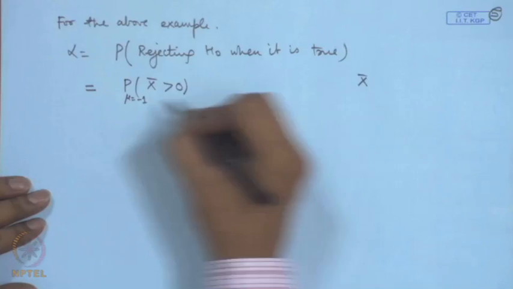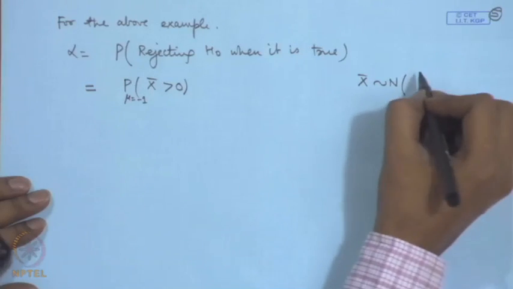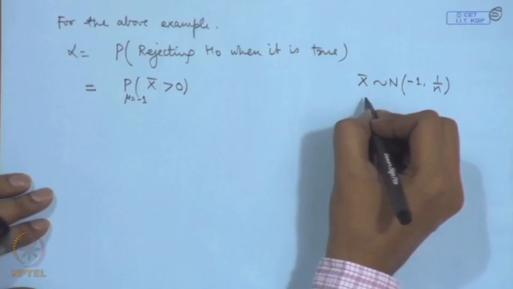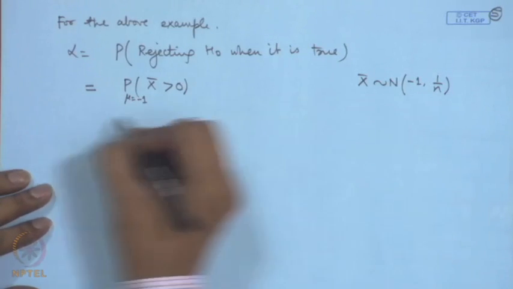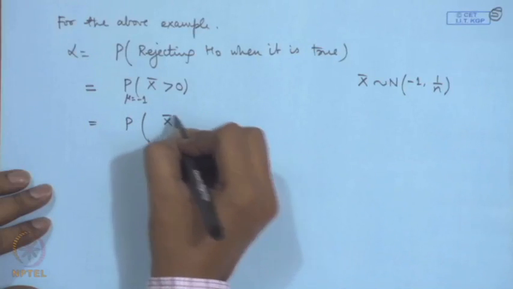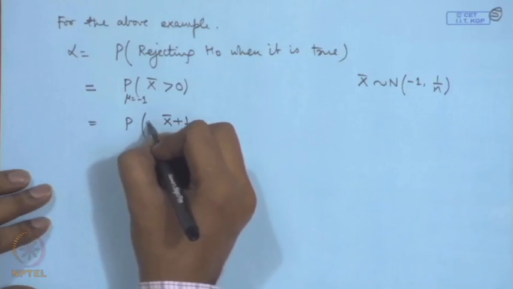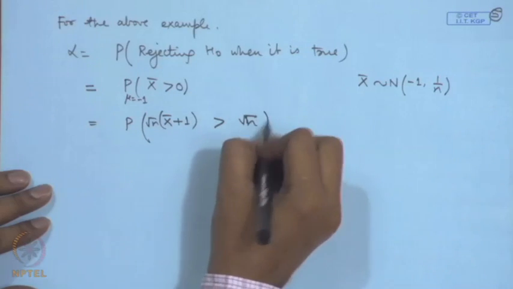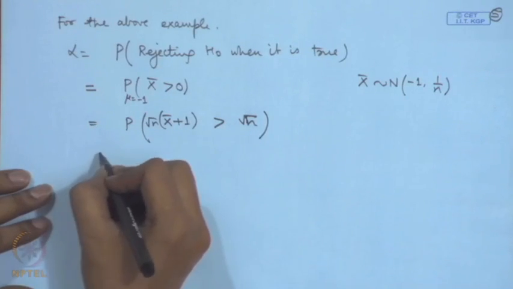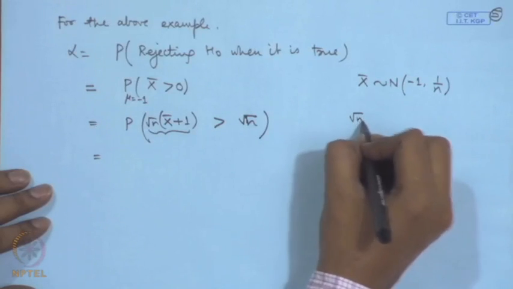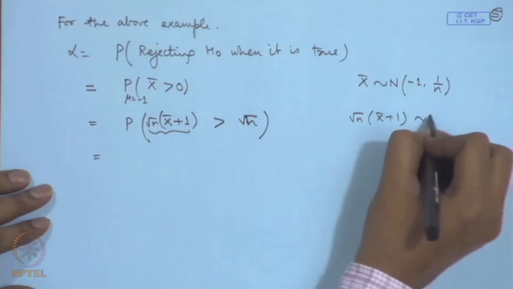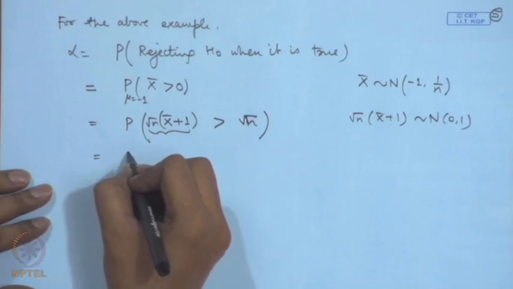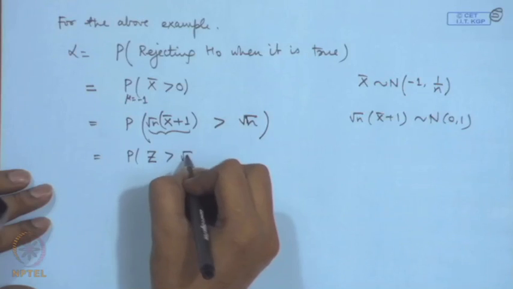Now, when mu is equal to minus 1, x bar follows normal minus 1, 1 by n. So, this value you can write as probability of root n into x bar plus 1 greater than root n. Here root n times x bar plus 1 will follow normal 0 1. So, this value turns out to be probability of z greater than root n.